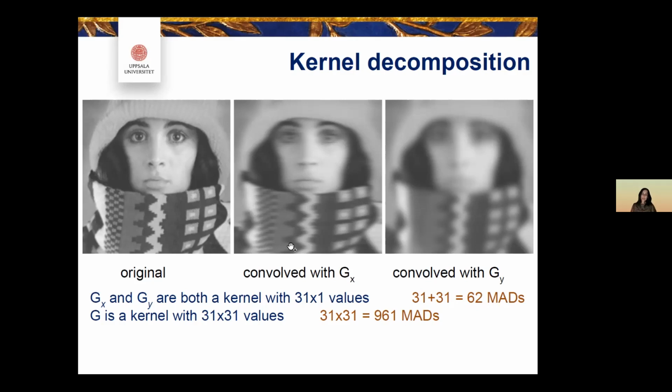That shows that for large filters, the difference in the number of operations can be big enough to justify our desire to work with separable filters and use their separability.